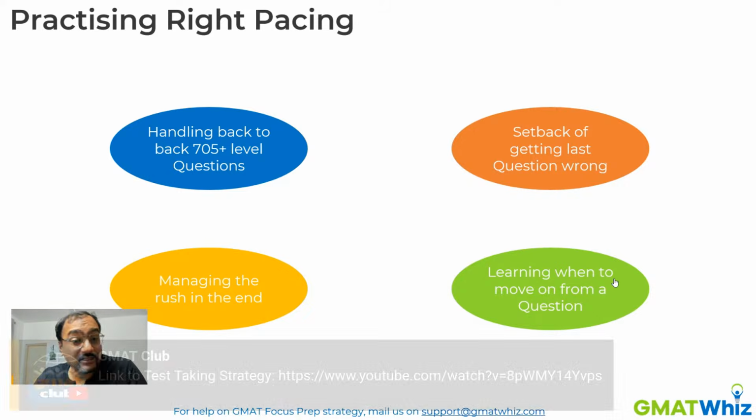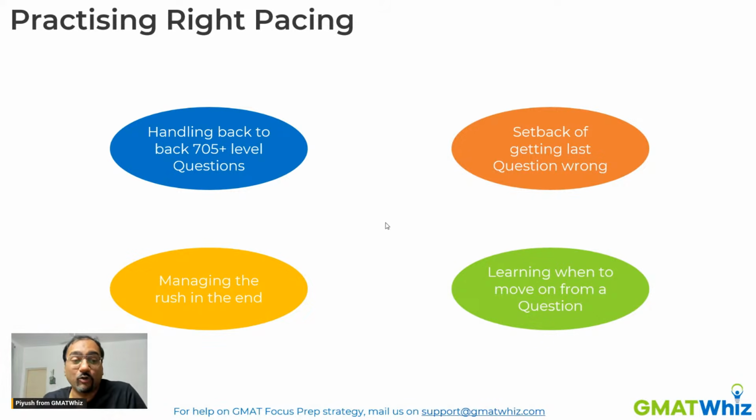90% of these things are still true, almost 90%. The only things which might change from time to time, and I've also told that in the video, is that I've shared there that DI section starts with data sufficiency in the beginning, and verbal starts with CR, and then RCs are clubbed in between. That is something which is seasonal, which GMAT changes from time to time. And again, I've covered that in the video as well.